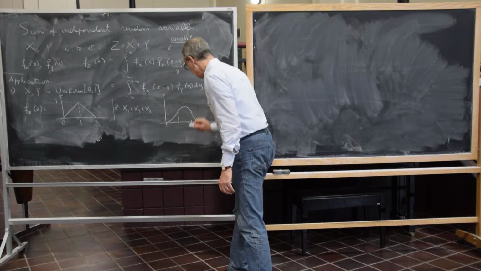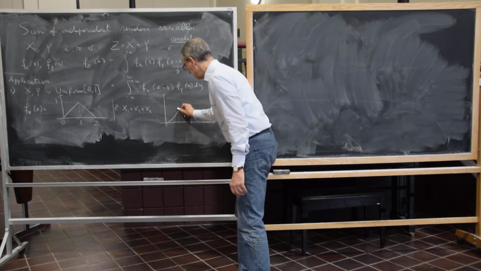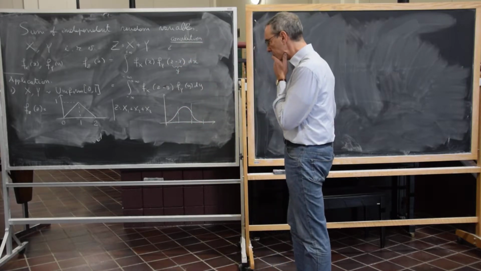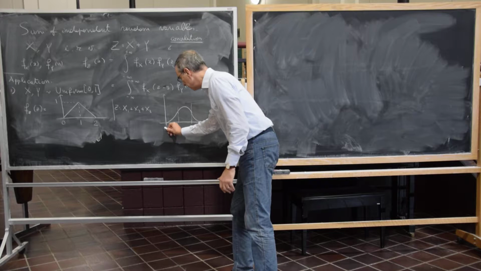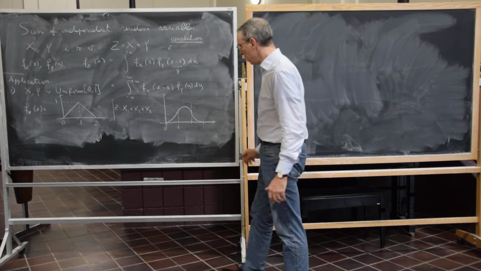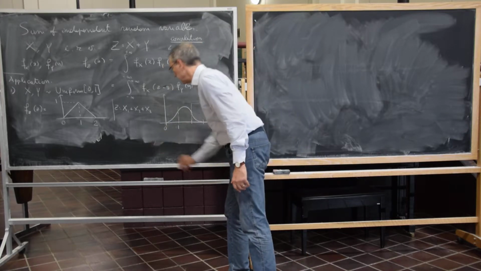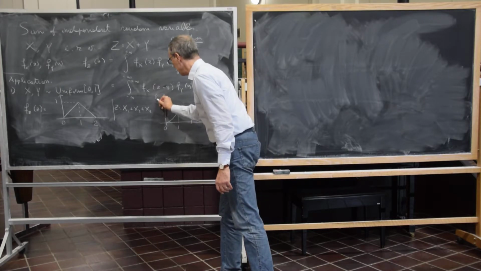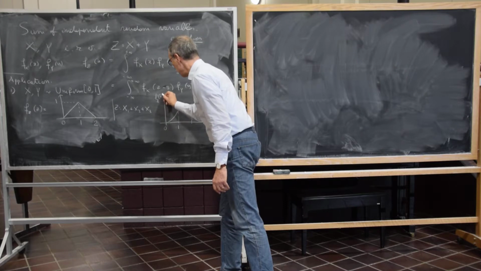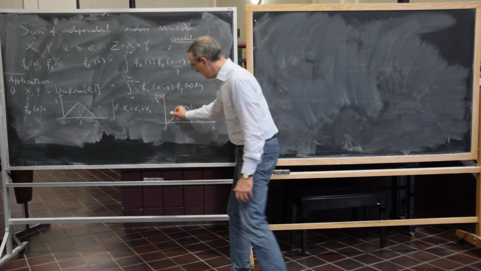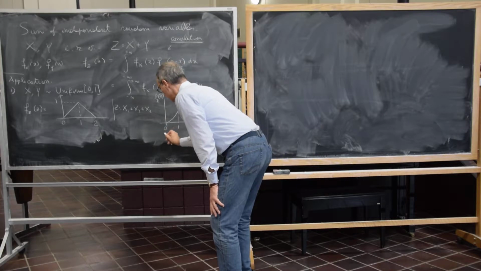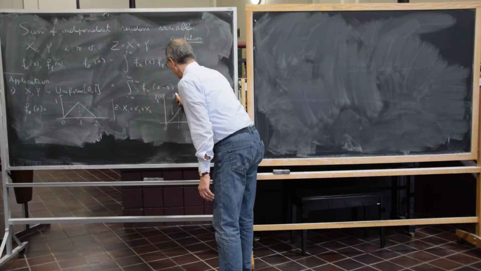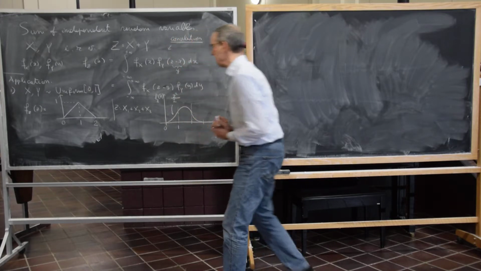In particular, in this piece here, in 0, 1, the function, where this is z and this is f_Z of z, is z squared over 2.